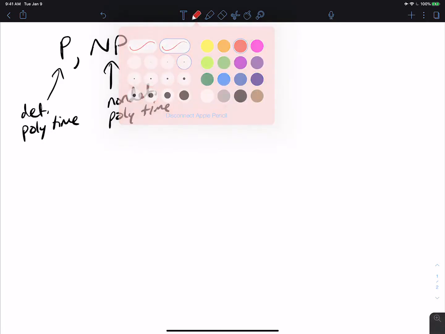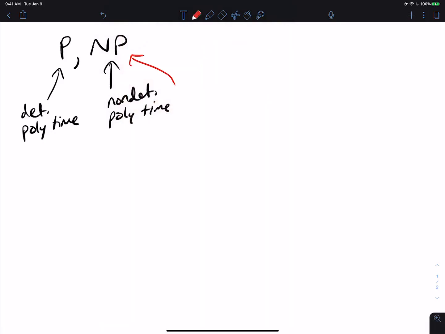Another way we could phrase NP is the set of all languages with polynomial time verifiers.